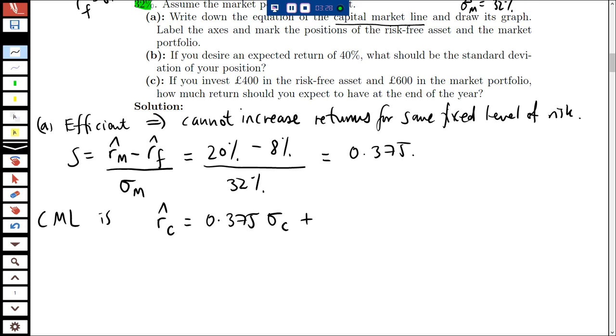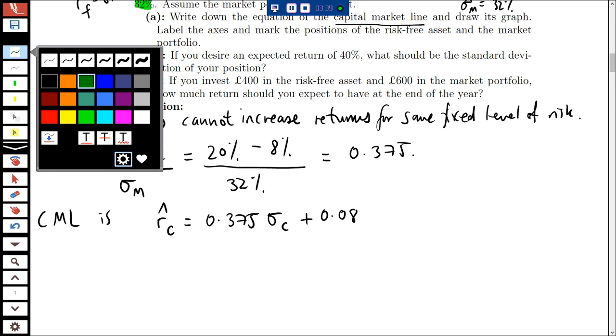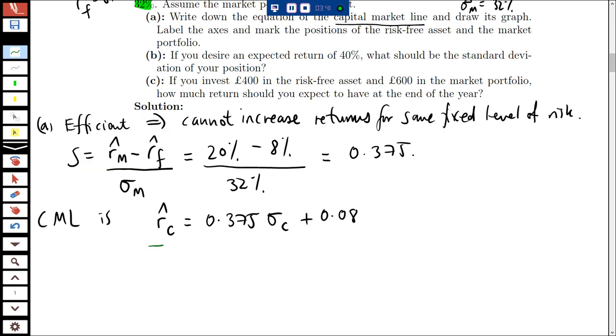This is like y equals mx, and then the constant, the c, is the risk-free rate. Okay, so there you go. This is the capital market line. It's always done this way. Calculate Sharpe's ratio, that's the gradient, and the y-intercept, the c, is the risk-free rate.